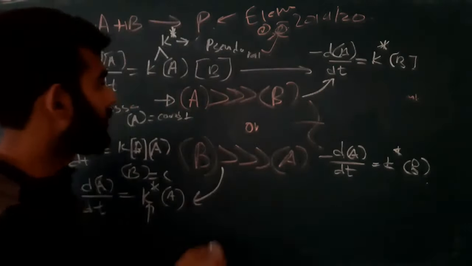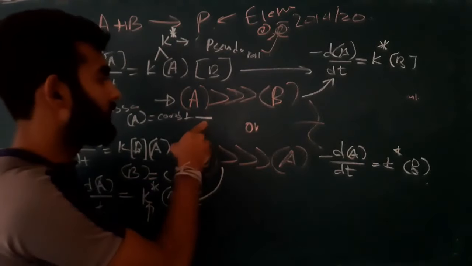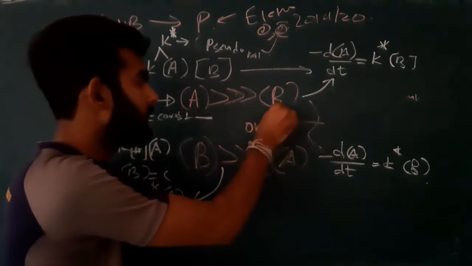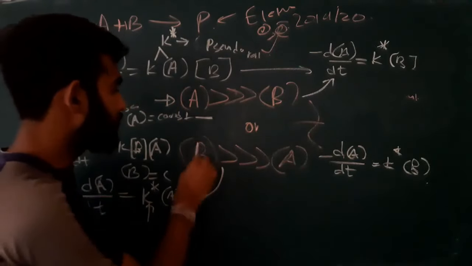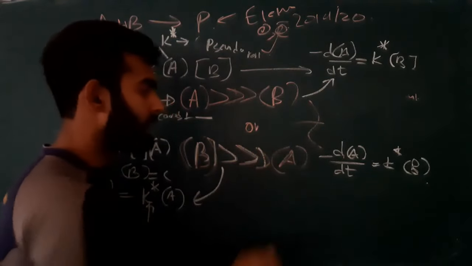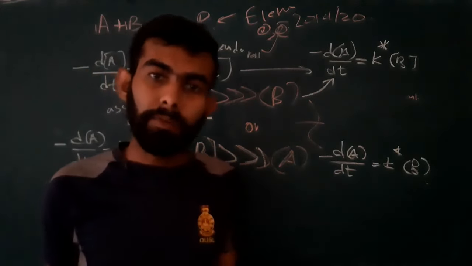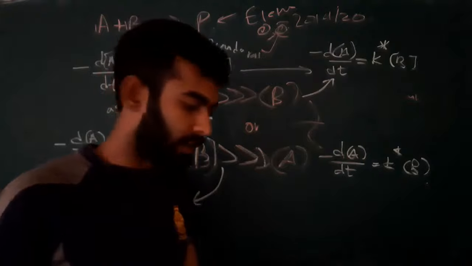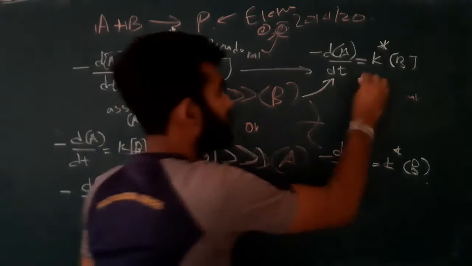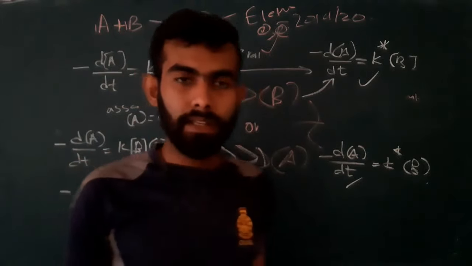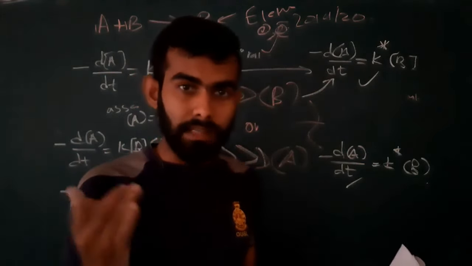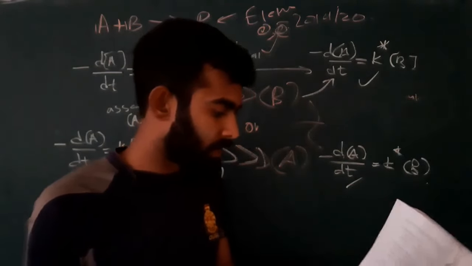We have to say if the concentration of A is considerably higher than B, or if the concentration of B is considerably higher than A, that will give the pseudo first order reaction. That's the answer. If you have time, write down these equations also and you can explain very well. But you are dealing with time, so please care about that.